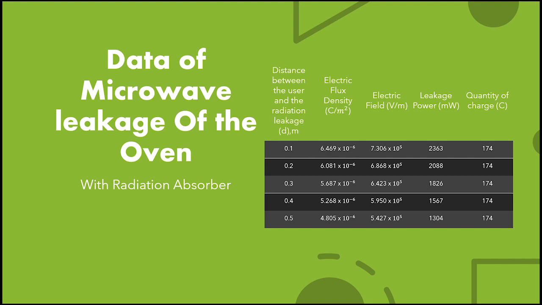We got the value for 0.1 meter slightly higher than without the radiation absorber, maybe because of some malfunction, but we got the value decreasing with distance. I will explain later at the graph.